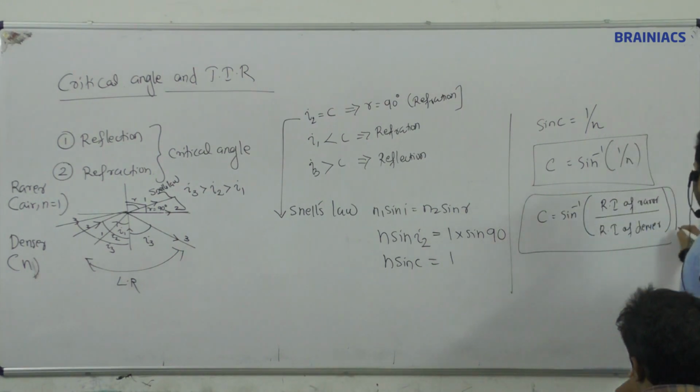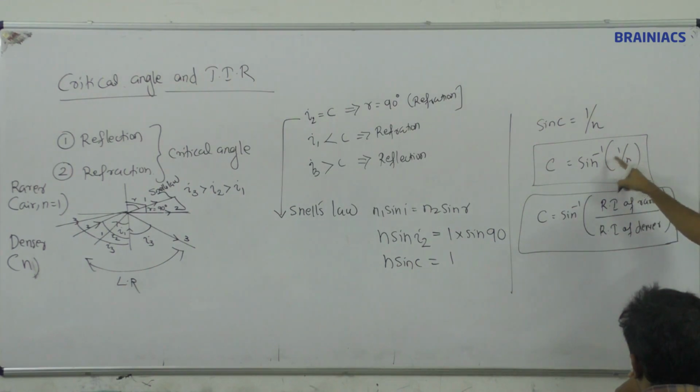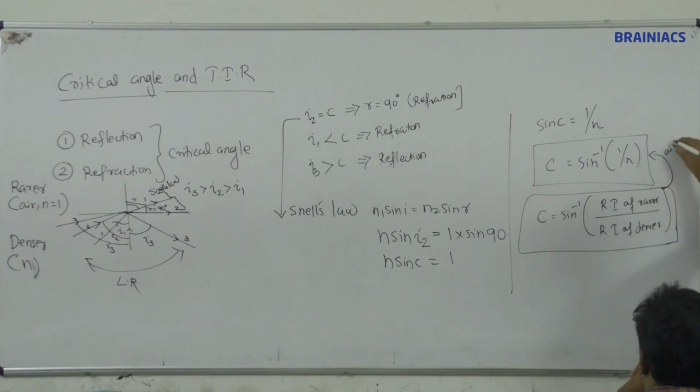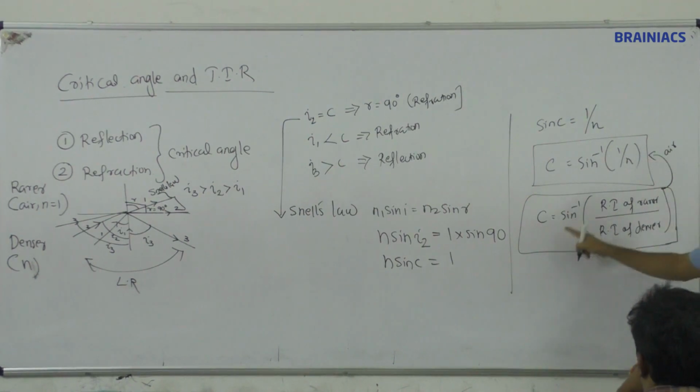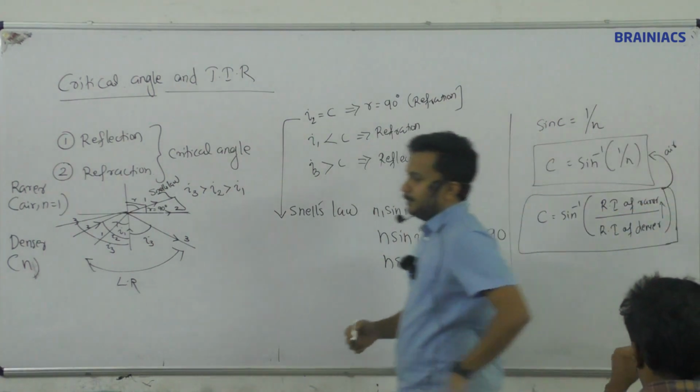Okay, the rarer medium is, it is not necessary it should always be air. The refractive index of the rarer medium divided by refractive index of the denser medium, provided the ray has to move from denser to rarer. Understood? We will write all these points.